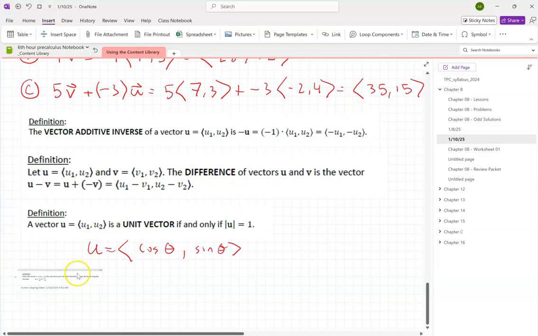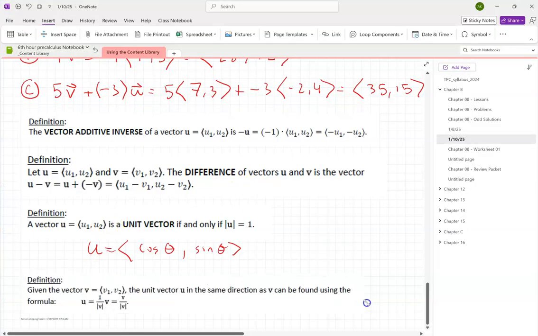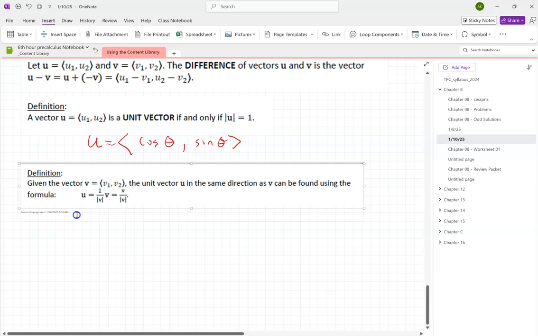So let's take a look at how we might do that. If we have some vector v, we can find the unit vector in the same direction as vector v by taking 1 over the magnitude of v and multiplying it by vector v.